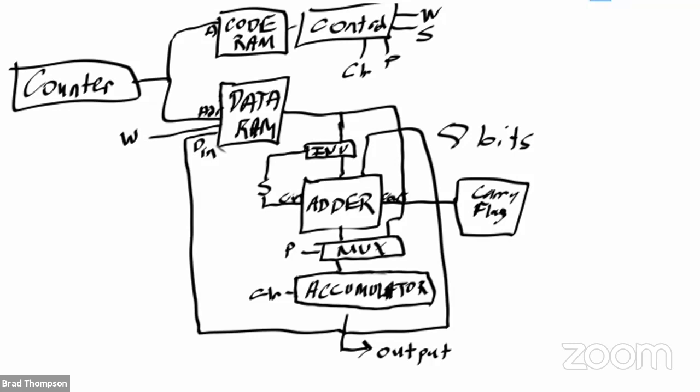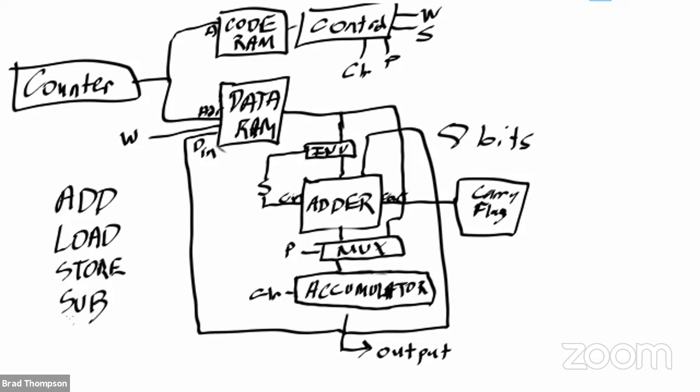In order to do that, we need to make our code effectively twice as big. Before, our code was just operations. Earlier I was writing things like add, or load, or store, or even subtract, right? All of these end up corresponding to a number that we get to pick.